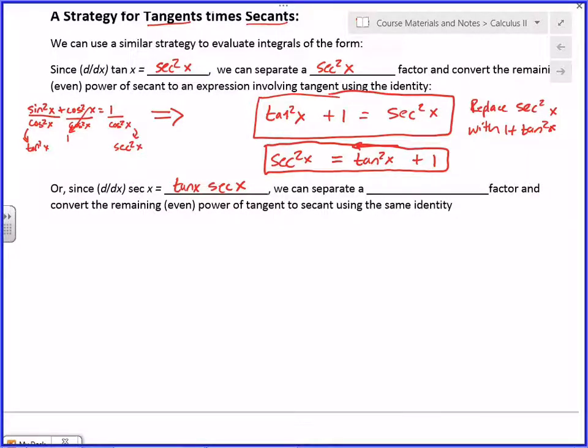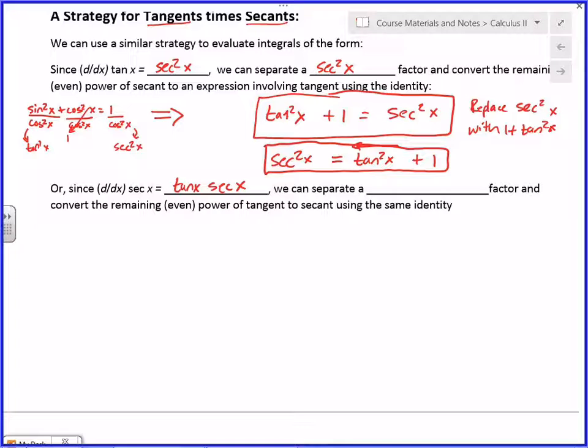What's the derivative of this then? Negative cosine of x to the minus 2 times the derivative of what's inside. The derivative of cosine is negative sine. Minus becomes a plus.